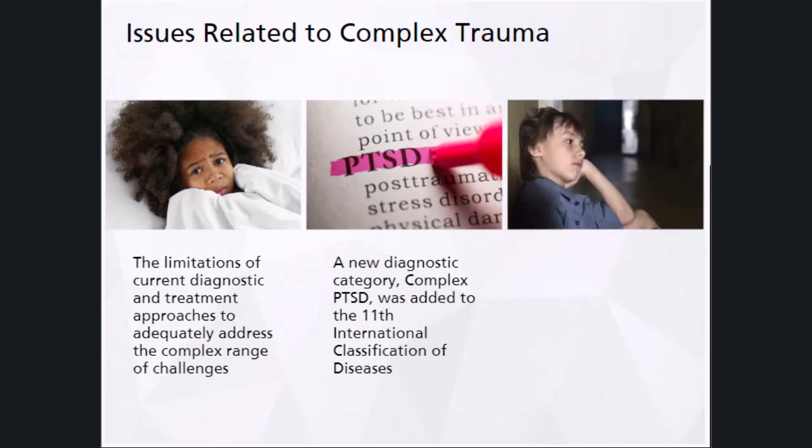Complex PTSD expands the core PTSD symptoms to include dysregulation in 3 domains: emotion processing, self-organization, and relational functioning. Links to articles in the resources section delineate differences between PTSD and complex PTSD and their implications for treatment.